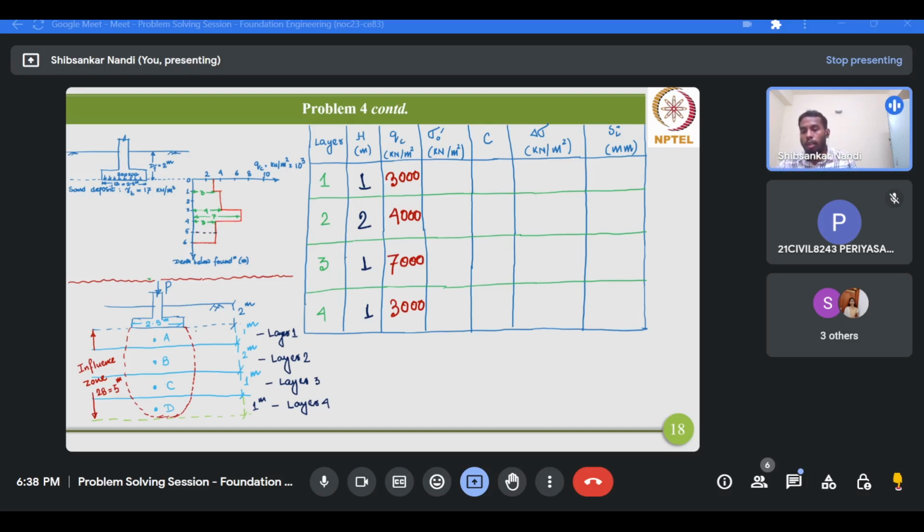For that you have to know the vertical coordinate from the ground surface, that is the Z value.